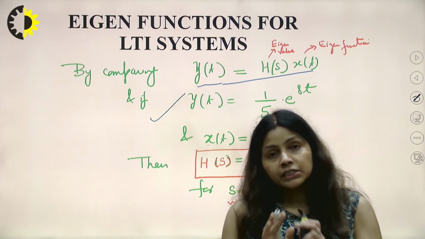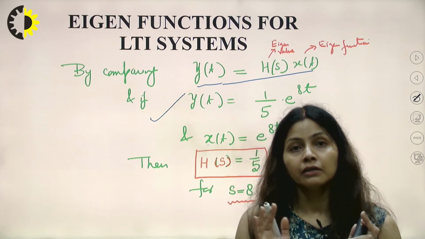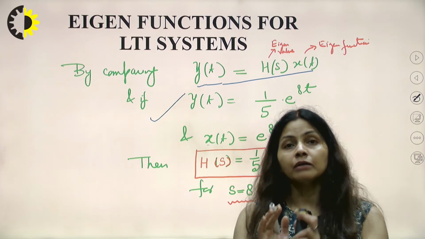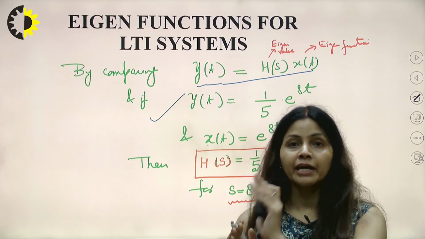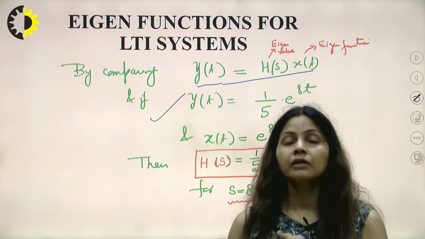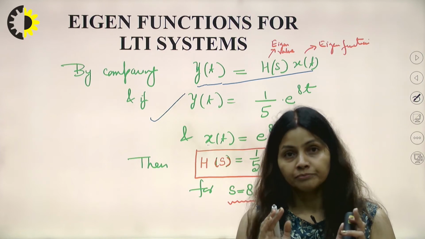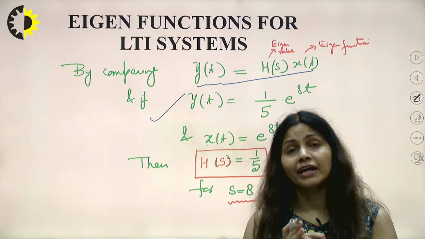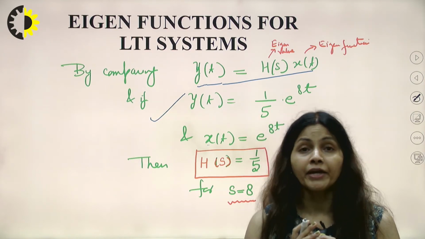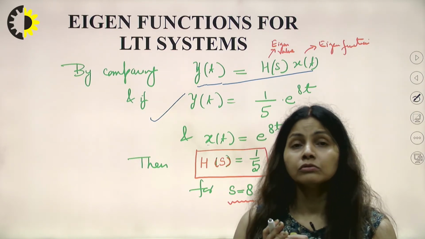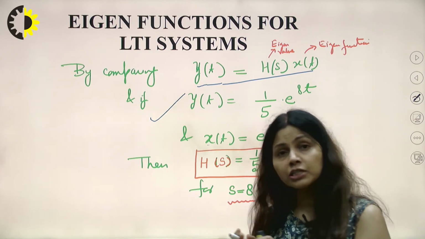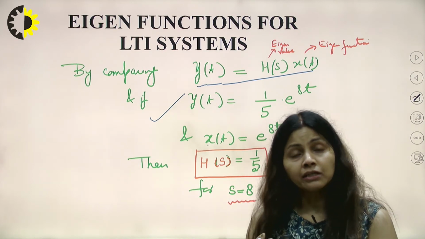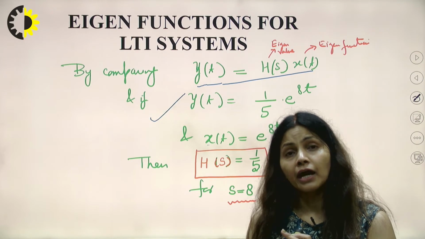So whenever we see any output given in terms of some constant multiplied by some input, then we should apply the concept of eigenvalue and eigenfunction. And the questions may ask to tell the eigenvalue for this particular question, and they can ask for the eigenfunction.